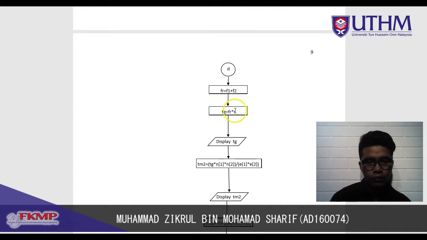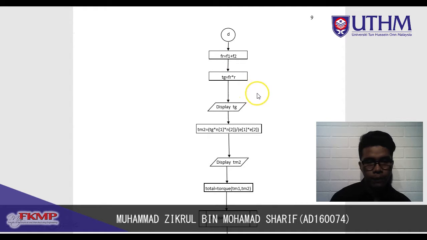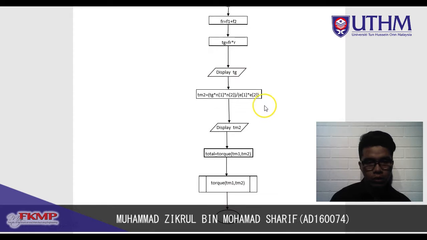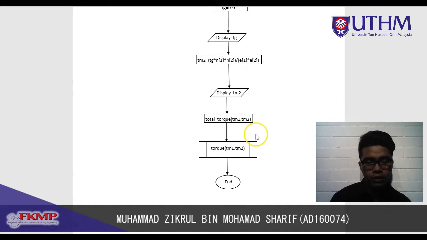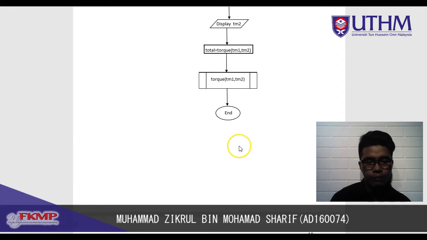After that it calculates the total force here and the torque at the hoist, and it displays the torque, and it calculates TM2. It displays TM2, and here I use a function to calculate the total torque required. This is where I get the total result and end the program.